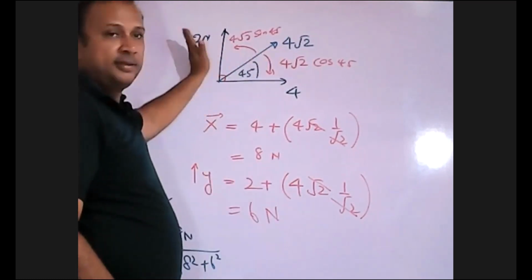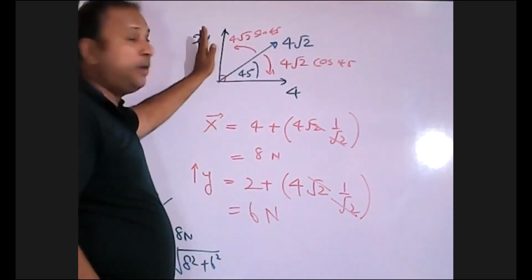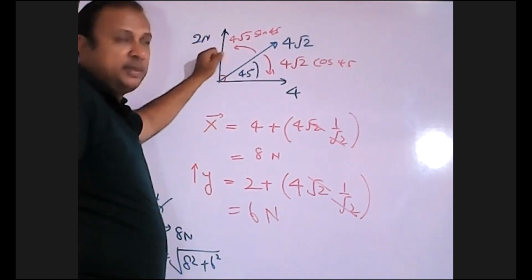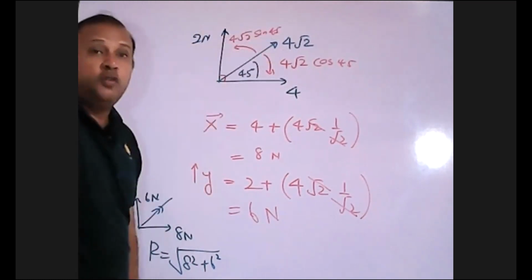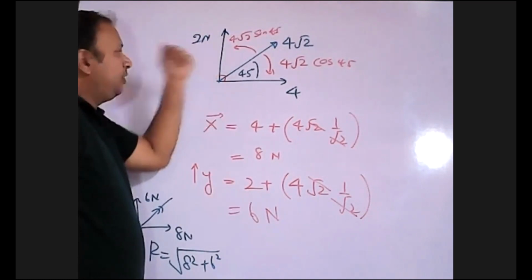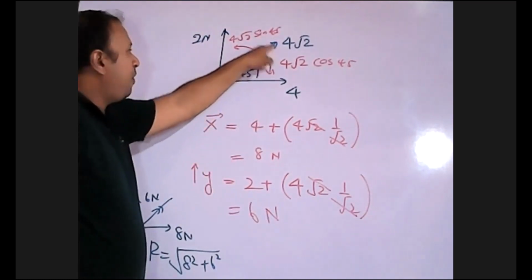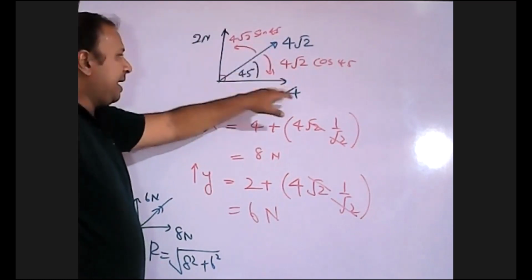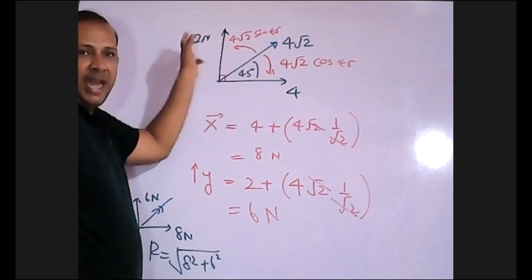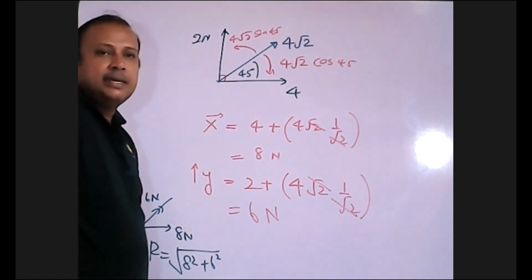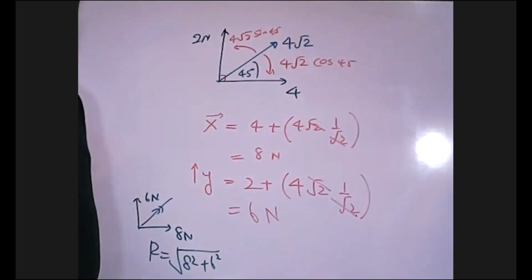Then again, the component in y direction, root 2 will be cancelled out with sine 45 or cos 45. Then 4 plus 2 means 6. 8 and 6. The resultant is 10.